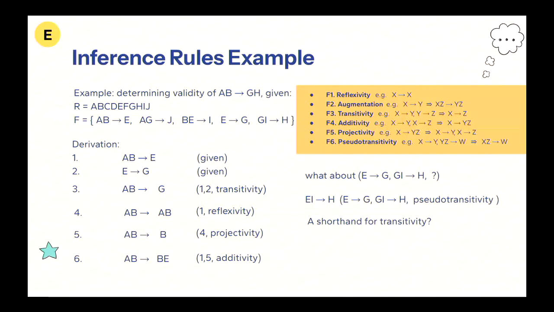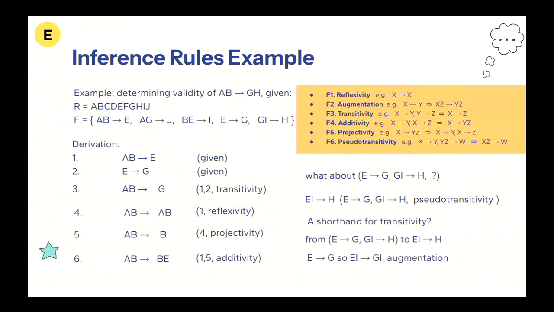Actually, we can do it step by step, and let me show you why it is just a shorthand for transitivity. So from E determines G and GI determines H, we can get EI determines H, and this is the pseudo transitivity. And let's do it step by step and see why.